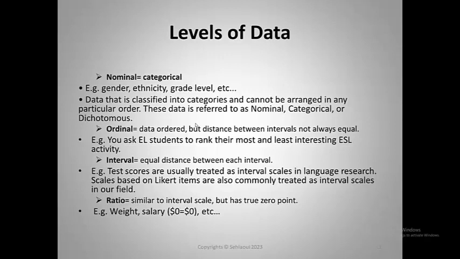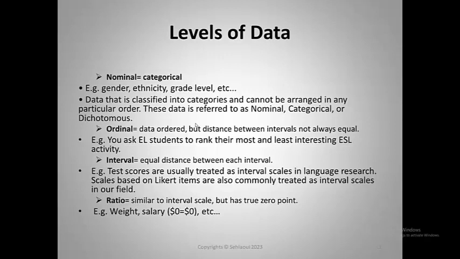Ordinal data, on the other hand, is data that can be ordered, but distances between the intervals are not always equal. An example of that: you ask EL students to rank their most and least interesting ESL activity.